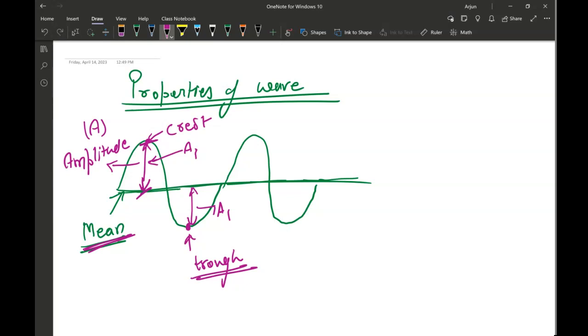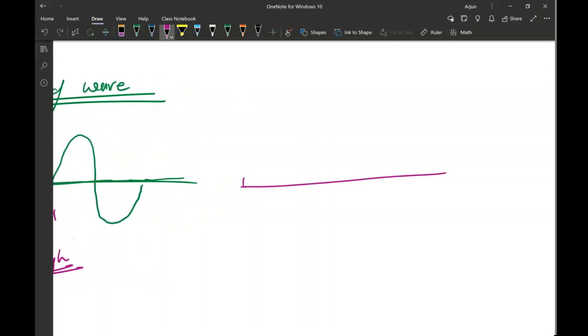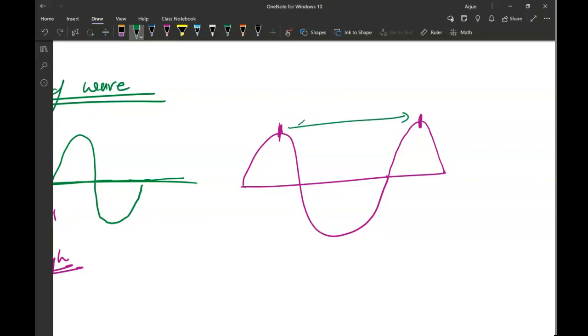Right? Now, let me redraw it. If I take the distance of the first crest to another crest, meaning the distance between two consecutive crests, that's what I wanted to say. So let's say this is crest 1, this is crest 2.